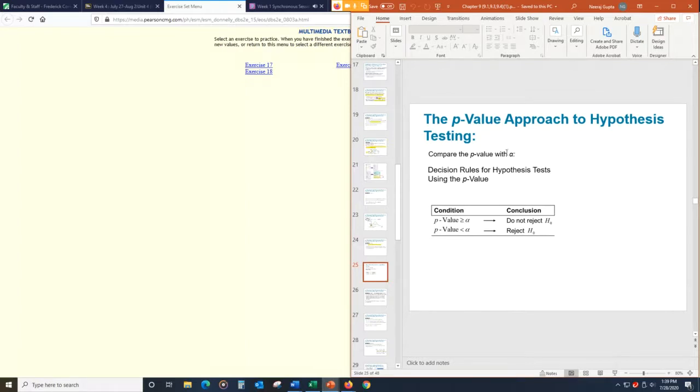Okay, so there are two approaches for deciding whether to reject or not reject. One is the p-value. If p-value is less than alpha, alpha being my probability of rejection, so if the probability from the sample is even less than the probability of rejection, you reject null. Otherwise, you do not reject null. This is the p-value approach.